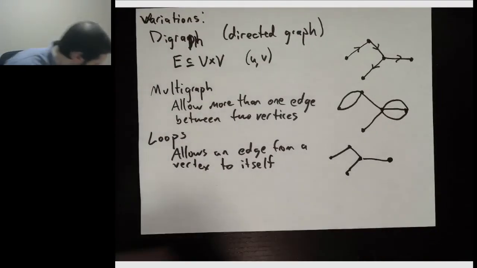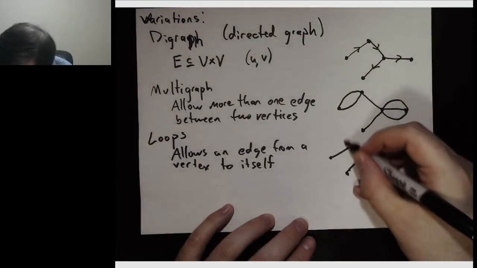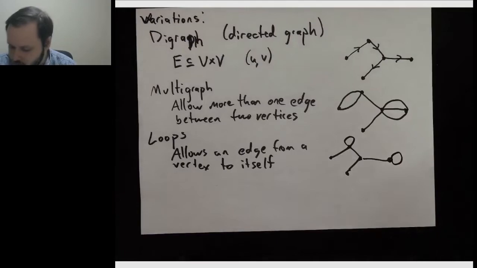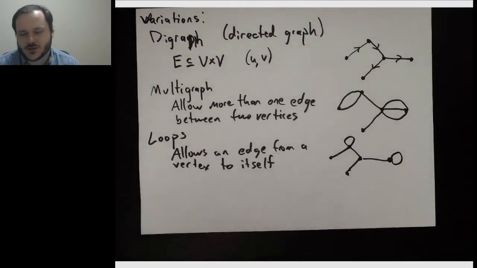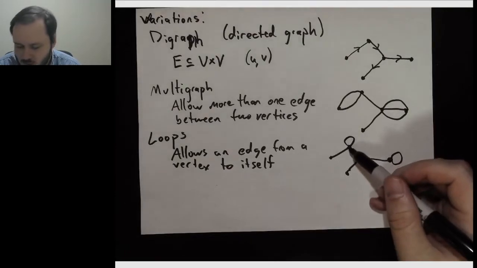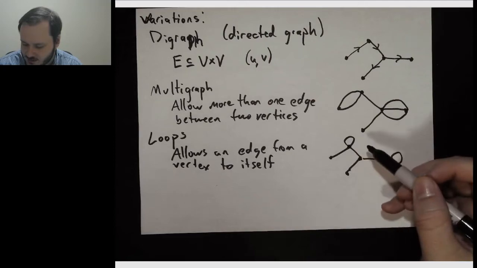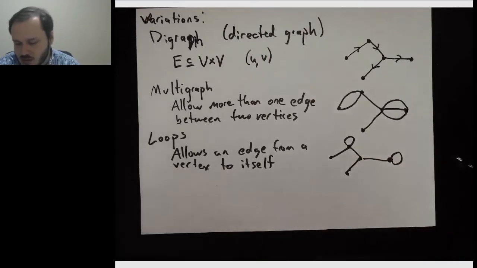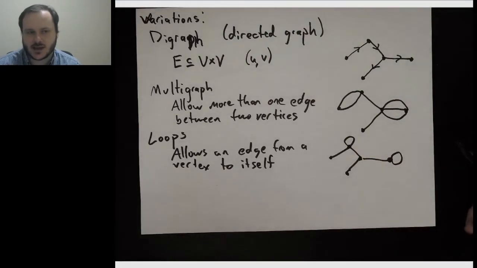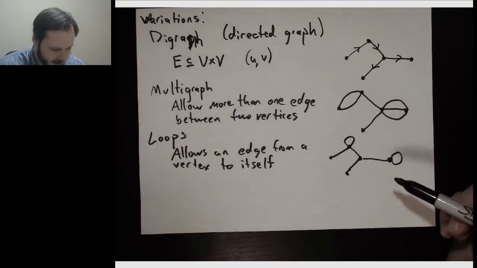But this is not allowed in our simple definition. This is not allowed in our simple definition because that would be a subset of the power set of size 1. Right? There's only one vertex involved here. If I have the set u comma u, it doesn't matter that I've listed it twice. That only has size 1. There's only one element in there. So we don't allow loops in our simple graph.